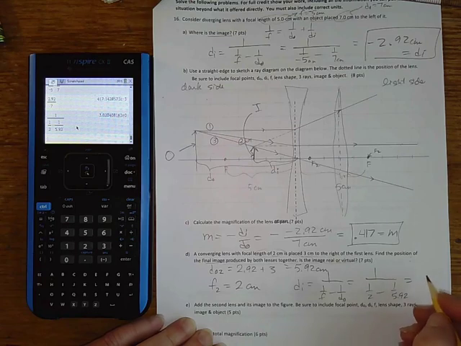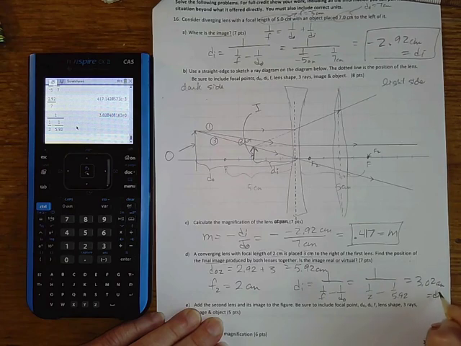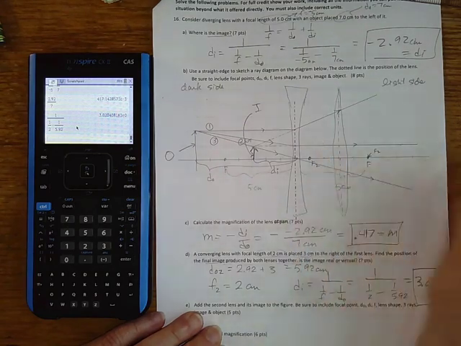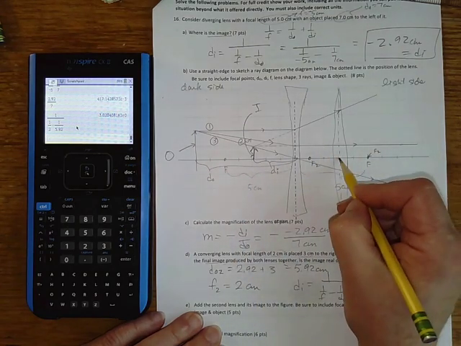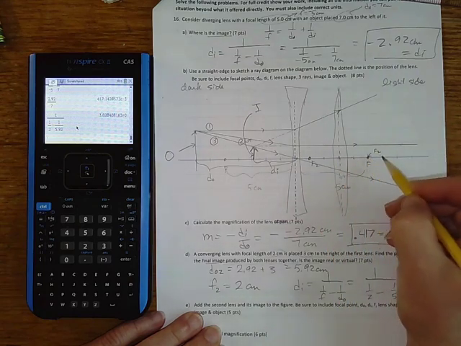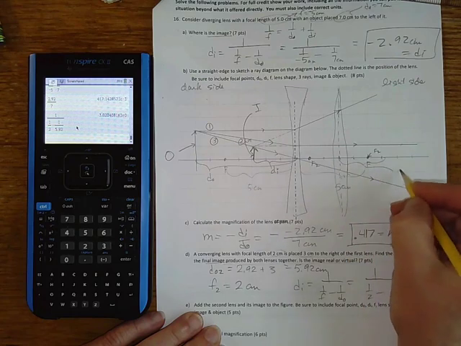Alright, so we get DI is 3.02 centimeters. Alright, and so that is positive, so it's on the side where the light goes after the lens. So we got 1, 2, 3, so it's basically right in here somewhere, 3.02. This would be DI2.